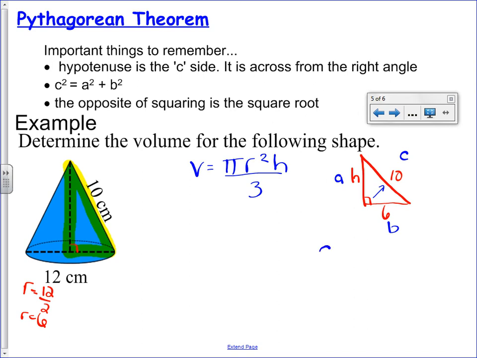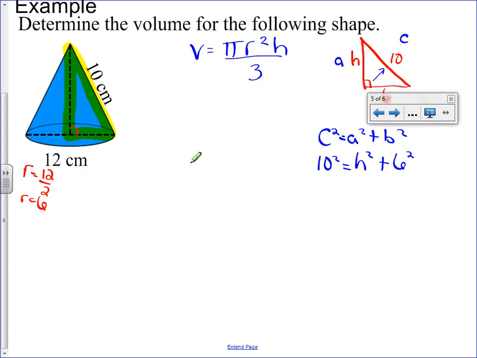My formula here is C squared equals A squared plus B squared. Noriel, what will I plug into this equation? Excellent. And Billy, what would I write on my next line?